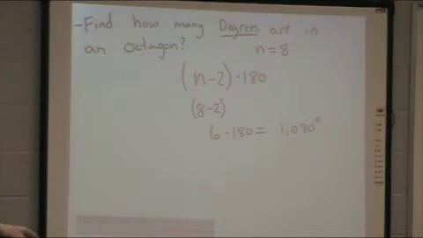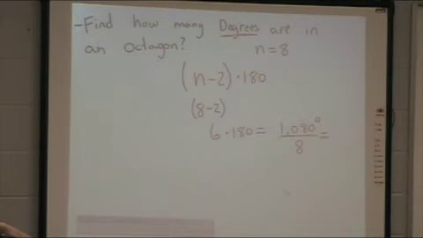Now let's say it was a regular octagon. How many degrees would each angle be? So how do I find that out? I'd say 1080 divided by what? 8. Why did I divide by 8? Because that's how many sides there are. And what do you get each angle equals? 135.